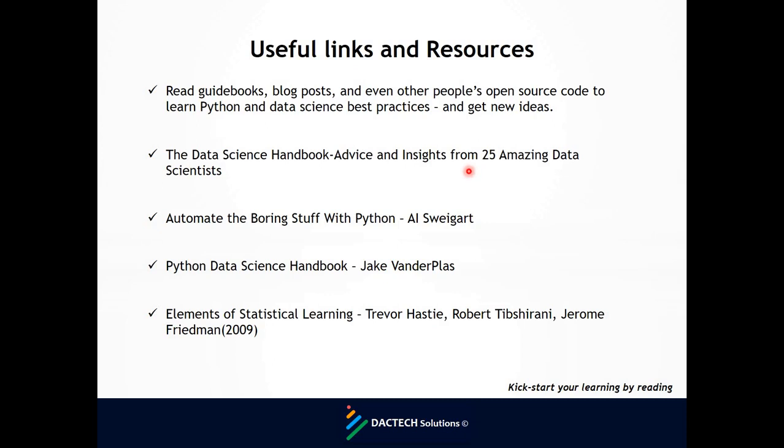Another very good book that has helped me personally is Automate the Boring Stuff with Python by Al Sweigart. It's a very good book with a lot of illustration, no complex documentation. It takes you straight to what you need to know.